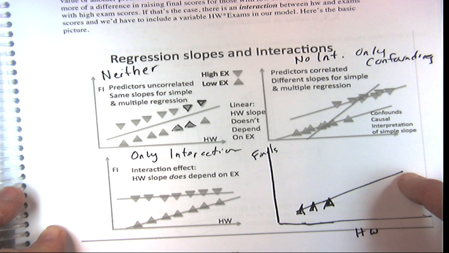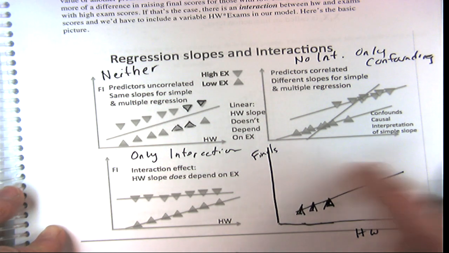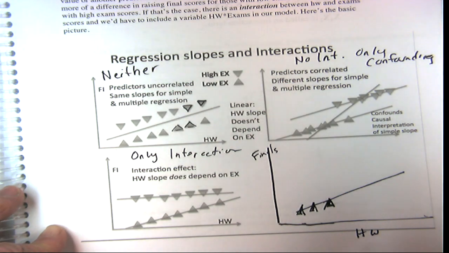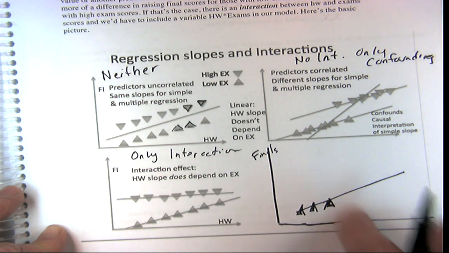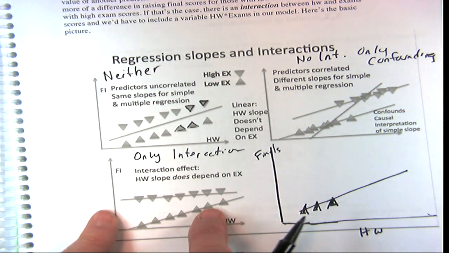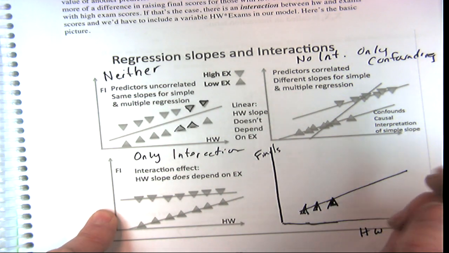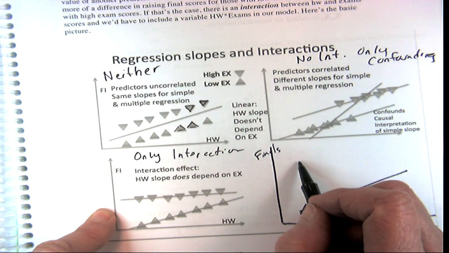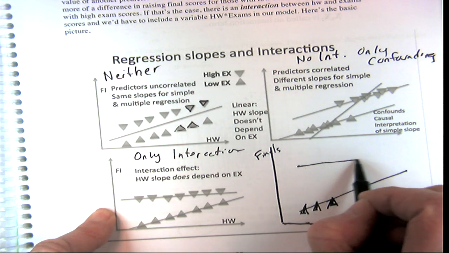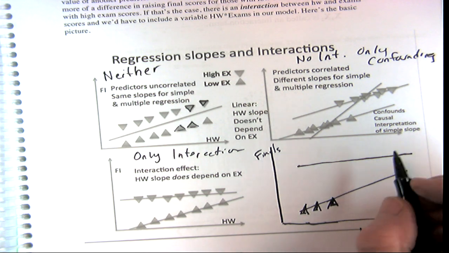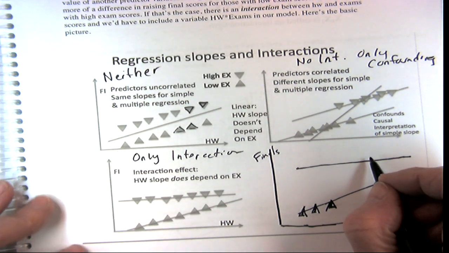Now if it was an interaction, I have to do a different slope for people with higher exam scores. So it would look like this. Why don't I make an almost flat slope up here for the people who have the higher exam scores.